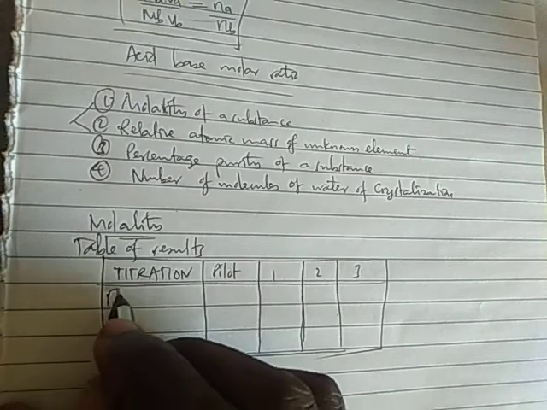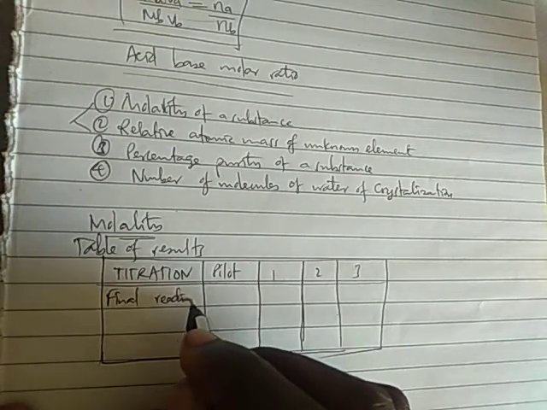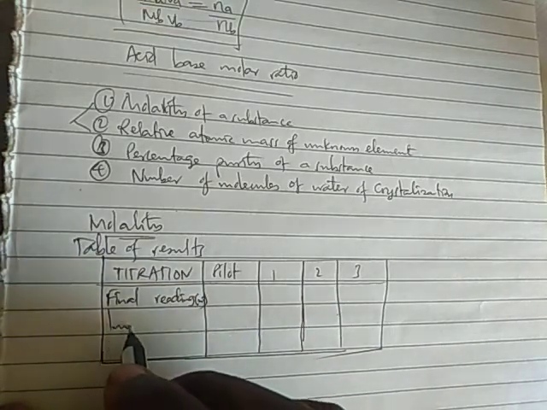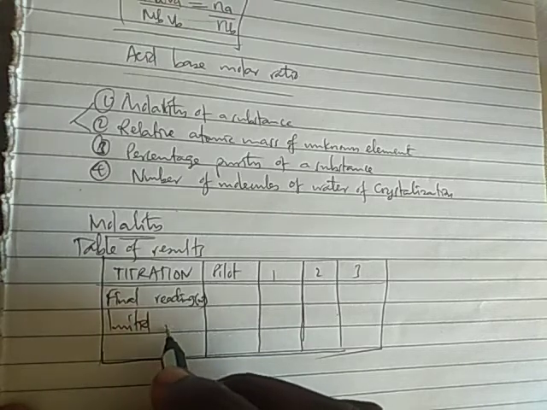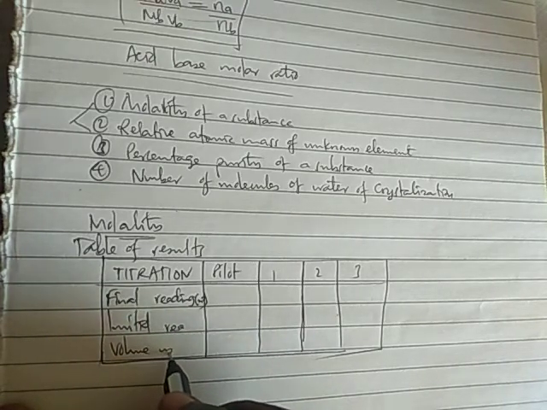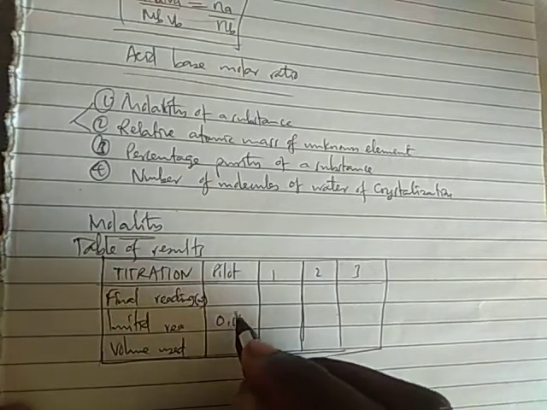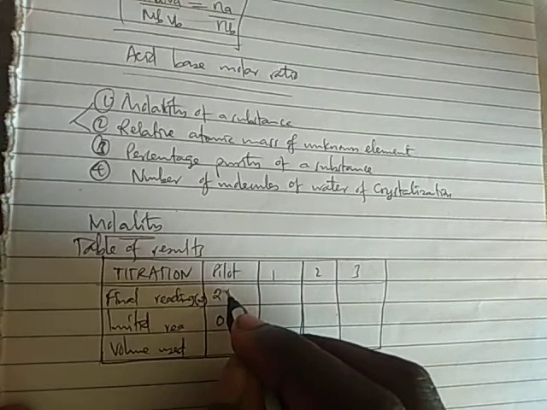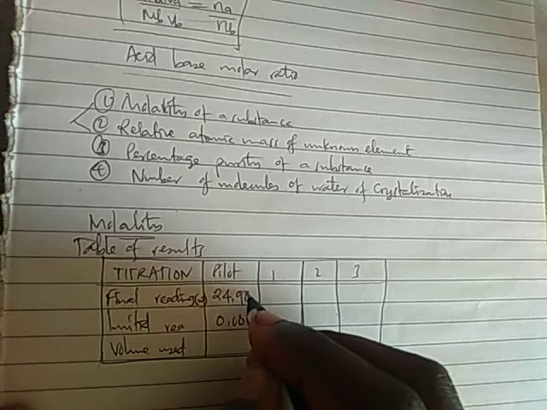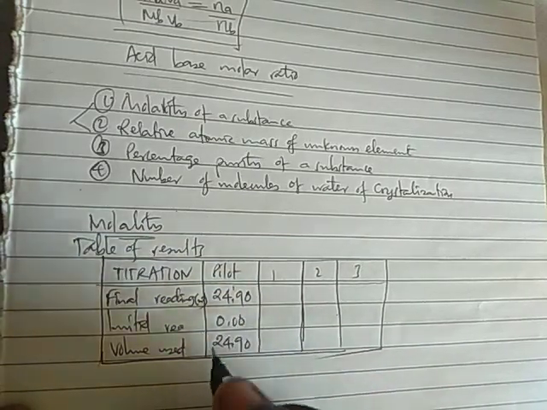Alafu chini tunakuwa tuna final reading in cm cube, initial reading in cm cube, na volume used. So tunakuwa tuna initial reading, let's say it's 0.00, and the final reading 24.90.